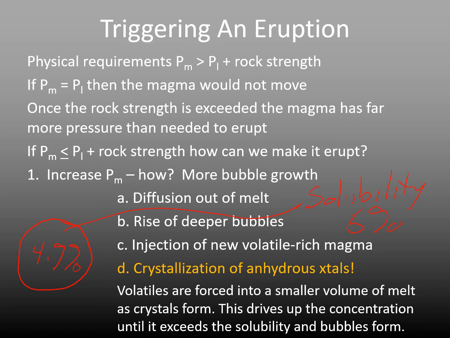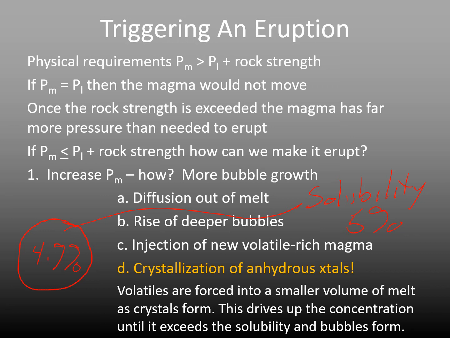It's going to exceed the solubility, and those gases will come out of solution and form bubbles. Right now it's 4.9%. Will bubbles form in this case? Do you have enough gases to force bubble growth? The answer is no. If they can handle 5% and you're only at 4.9%, can't do that, right?